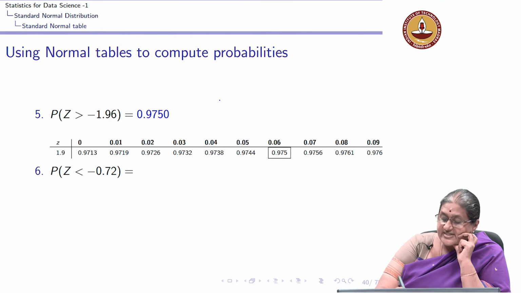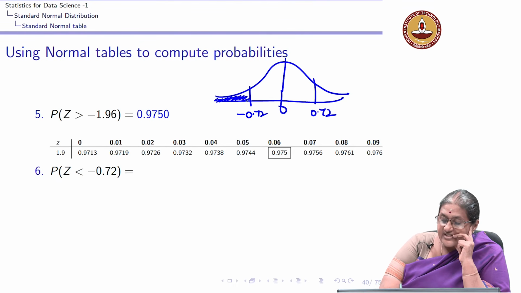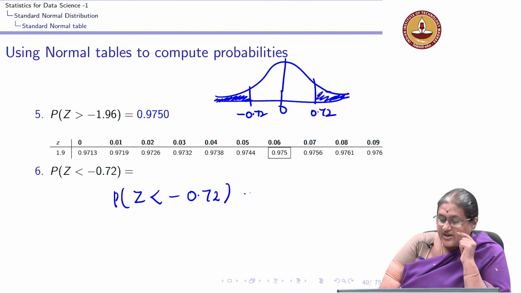For probability z is less than minus 0.72, again this is my 0, this is my 0.72. I am interested in this area, and I know that this area is the same as this area. So, probability z is less than minus 0.72 is going to be the same as probability z is greater than 0.72.